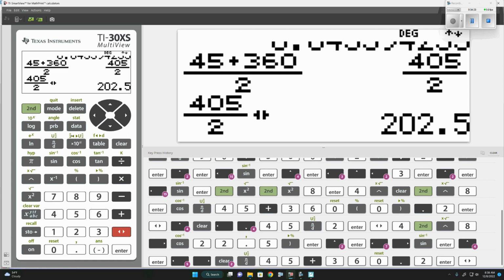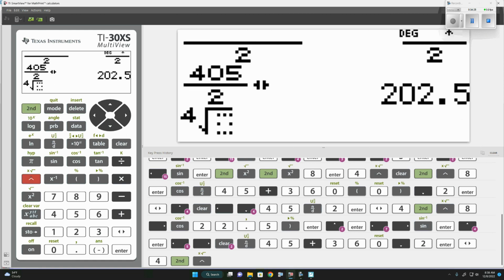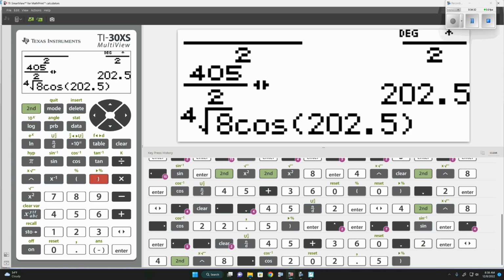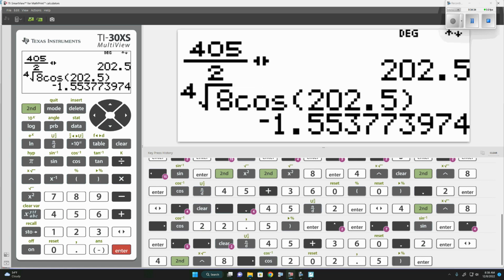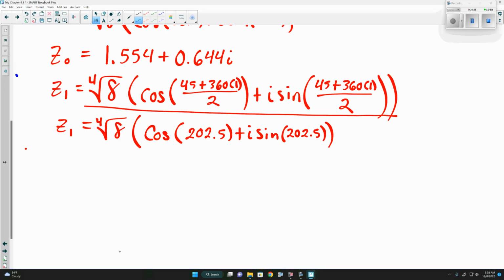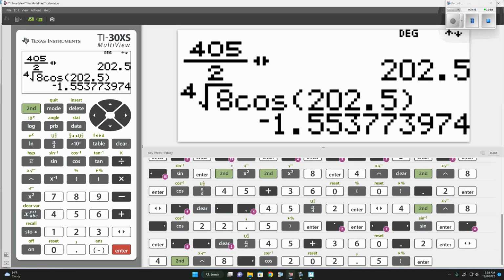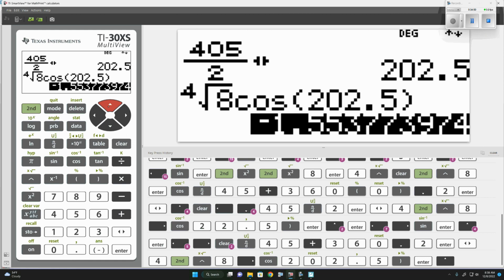Now, if we want to see what this is, so the 4th root of 8 cosine of 202.5 is negative 1.554. Minus 0.644. And then we can do the same thing with sine.